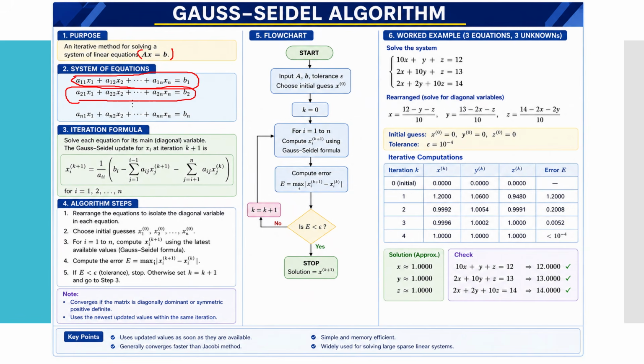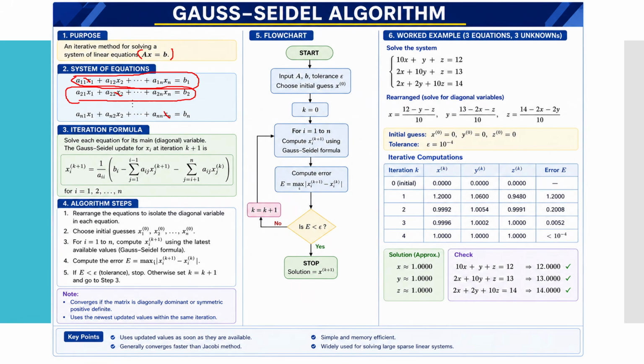And this continues for n number of equations, where we have an1 x1 up to ann xn equal to bn. To solve this for the main diagonal variables, meaning we have an n by n matrix, we will solve for the diagonal variables, which are x1, x2, x3 up to xn.